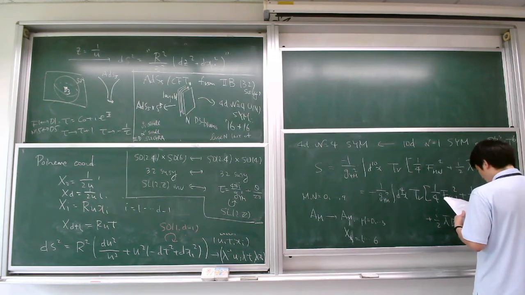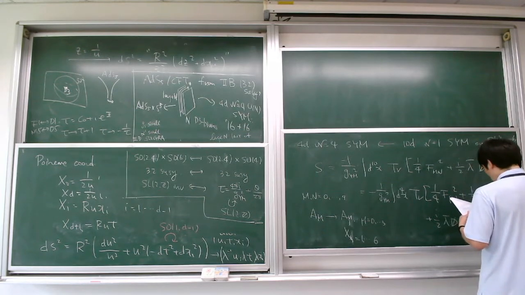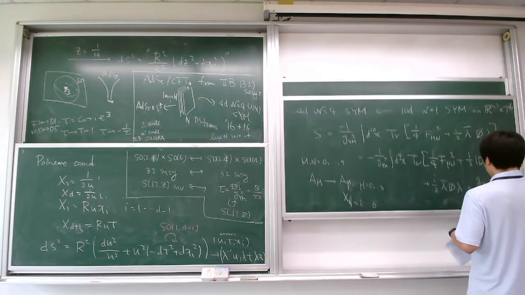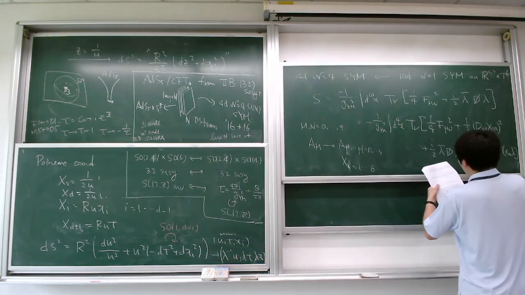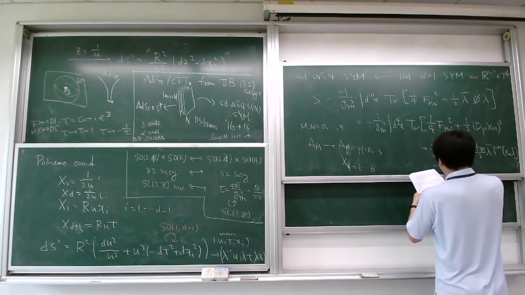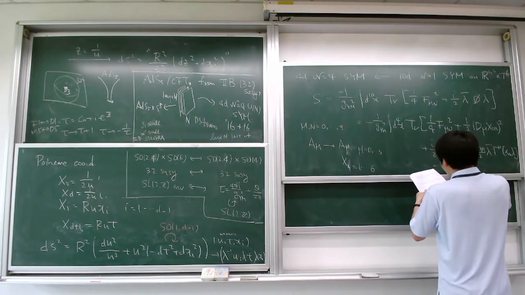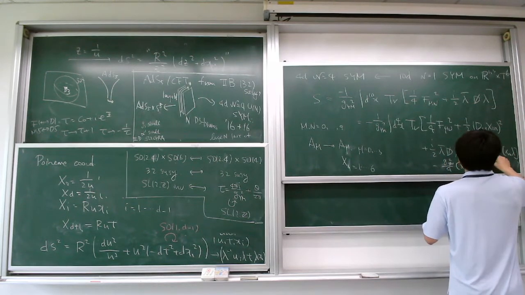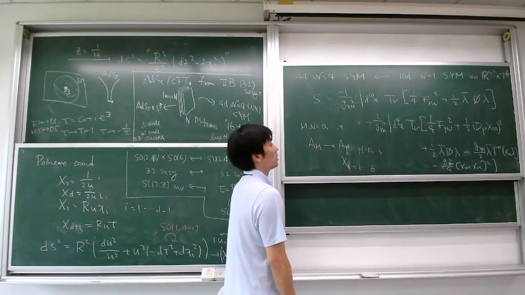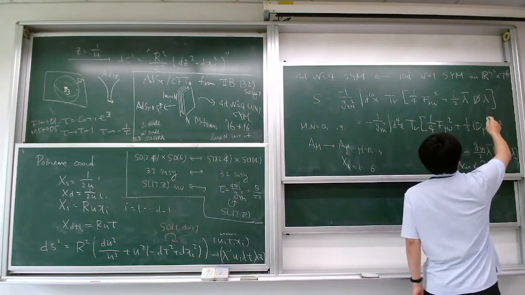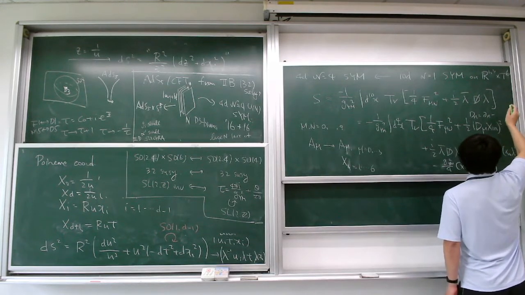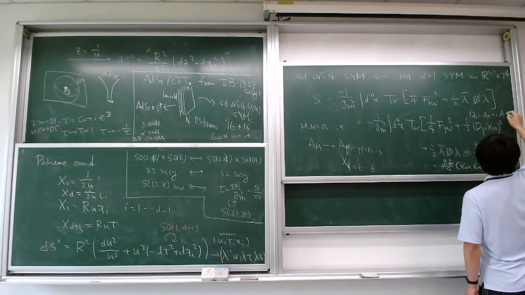So again, the Yukawa coupling, lambda-bar gamma^m X_m lambda. This has a minus sign, and then minus g^2 over 4 [X_m, X_n]^2. So as you can see, the covariant derivative D_M can be written as D_mu minus i X_m.